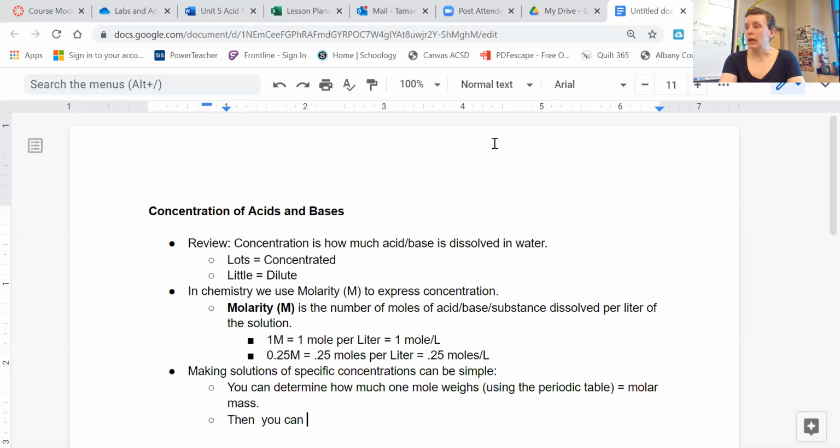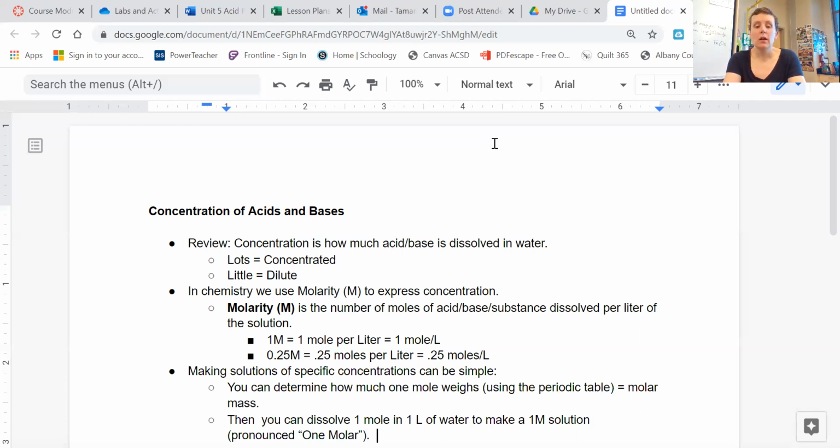Then you can dissolve 1 mole in 1 liter of water to make a 1 molar solution, right? We can keep it really simple. 1 mole in 1 liter is 1 mole per liter, which is 1 molar, okay? Again, maybe for later, you might want to note how to pronounce 1 molar, just so that you know what we're talking about there.